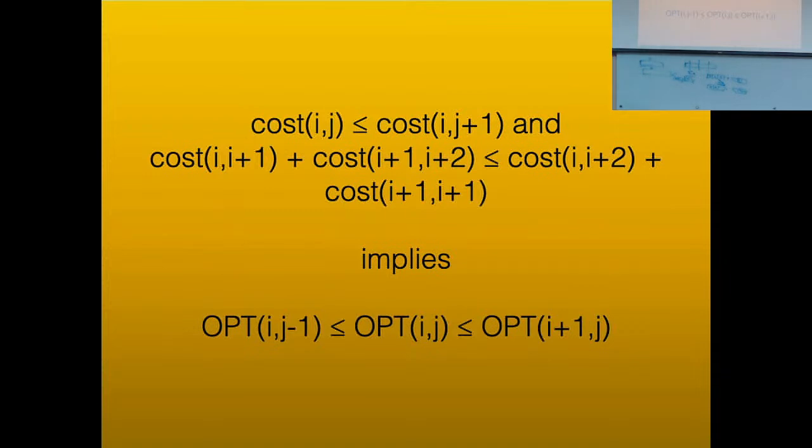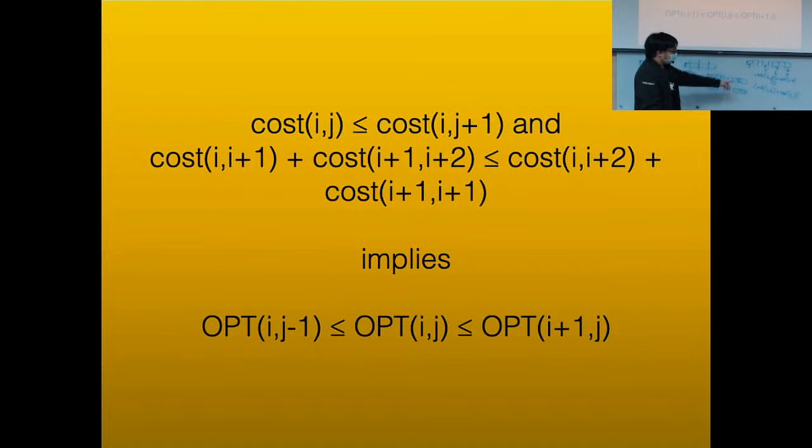So if these two conditions are met, and if this is met, then it's true for the other one as well. So if this is I, let's say j, k, l, we know that cost I l plus cost j k is greater than cost I k plus cost j l.